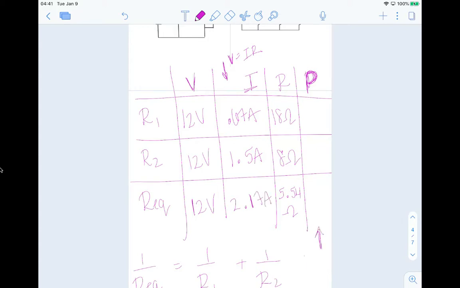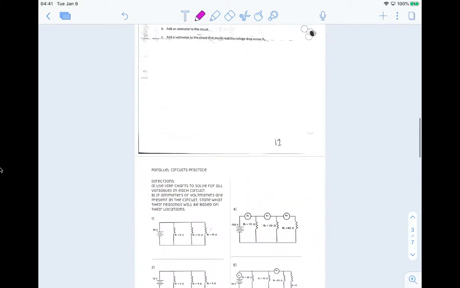For this column, again, I'm going to use P equals VI. 12 times 0.67, you should have ended up with 8.04 watts. 12 times 1.5, you end up with 18 watts. And 12 times 2.17, your total power, 26.04 watts.